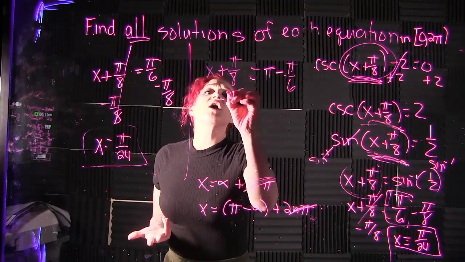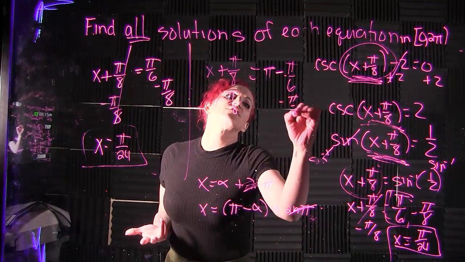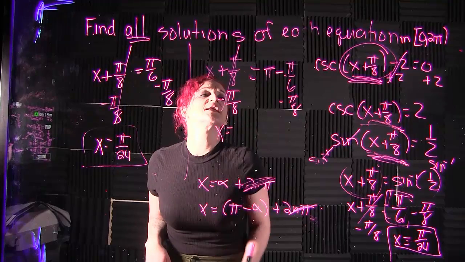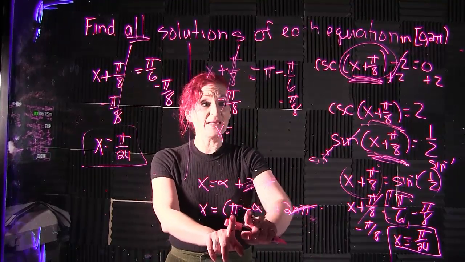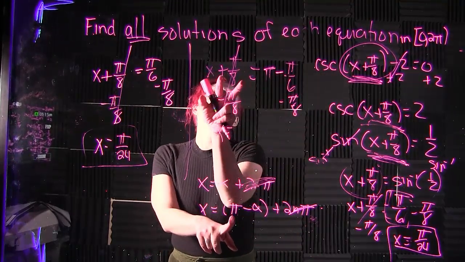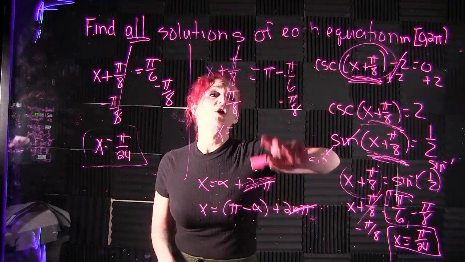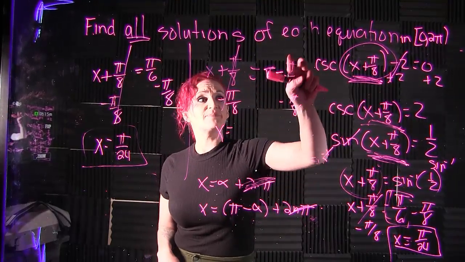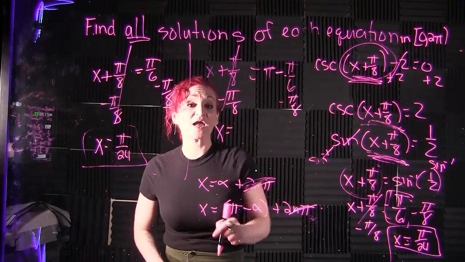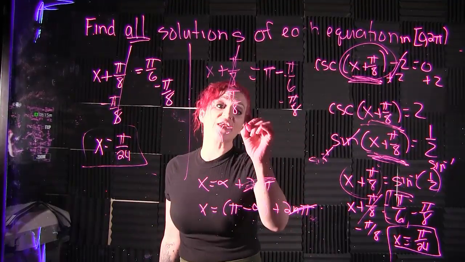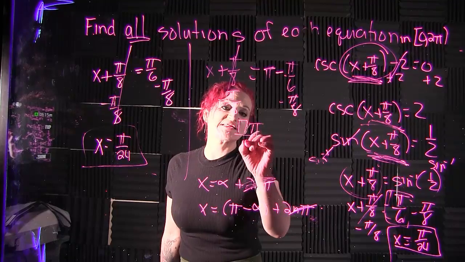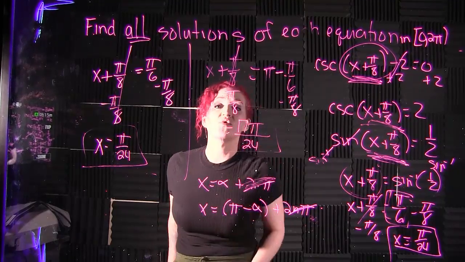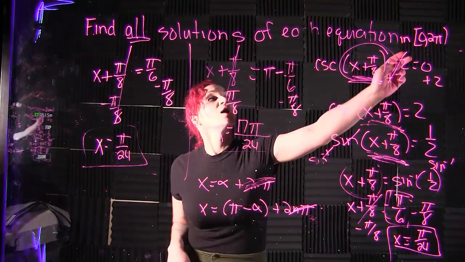We're also going to subtract pi over 8 from this side here, but x is going to equal pi minus pi over 6 minus pi over 8. So we need to do pi minus pi over 6 minus pi over 8. When we calculate that, we will be left with 17 pi over 24 as our second solution within 0 and 2 pi.